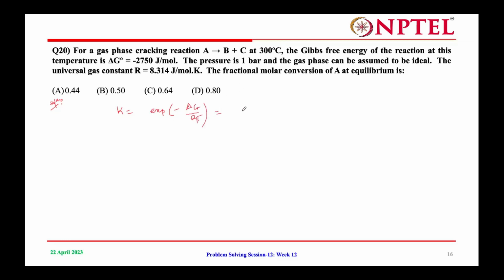Put in the values and we get K equal to 1.788, right? K equal to P naught into K.